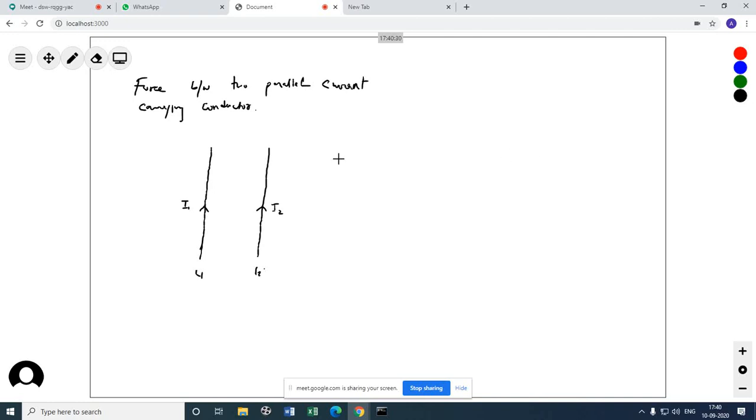Now we need to find what is the force experienced by L1 due to L2 and what is the force experienced by L2 due to L1. We need to find that. So we start by considering two current carrying conductors, carrying current I1 and I2.